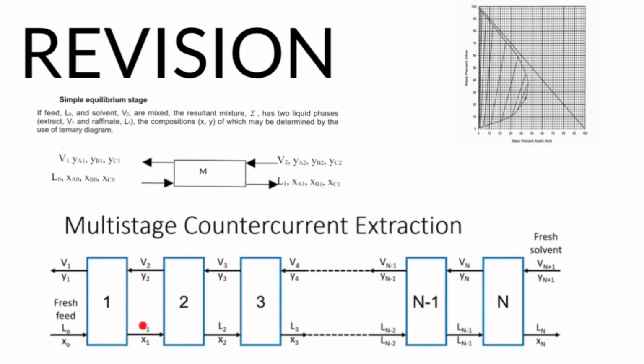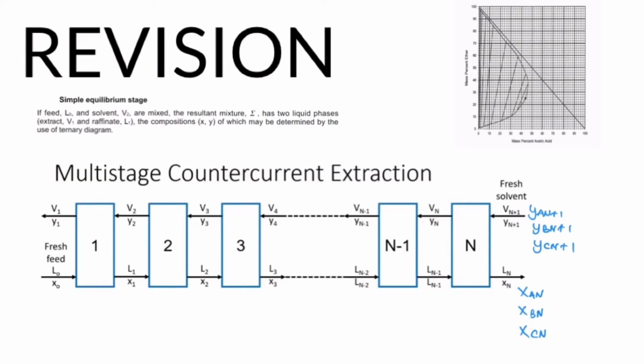Because we have more than one stage in the process, the solvent stream is labeled as Vn plus 1 and the raffinate stream is labeled as Ln. Therefore, the compositions in the solvent stream and the raffinate stream will be labeled as follows.